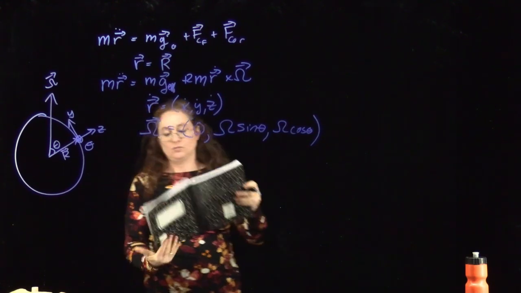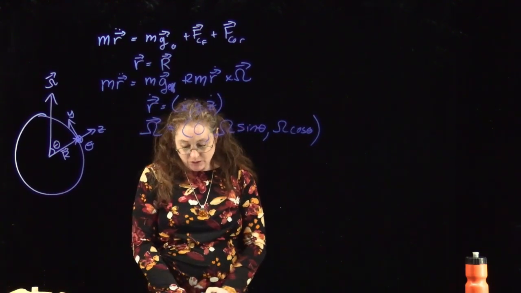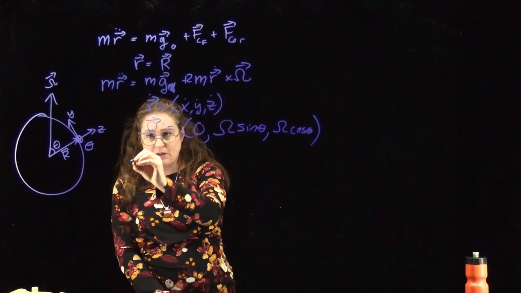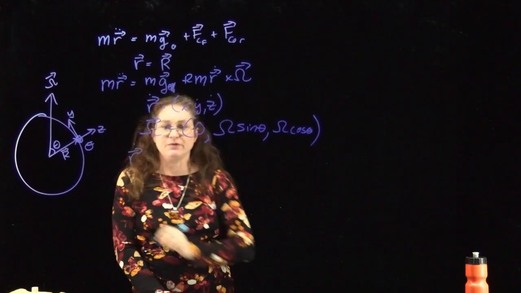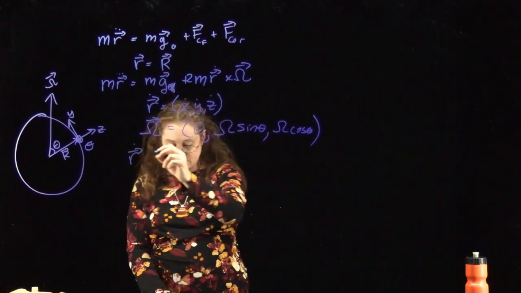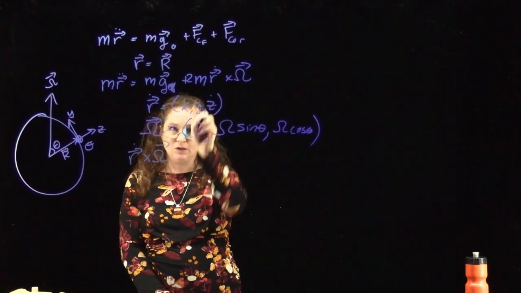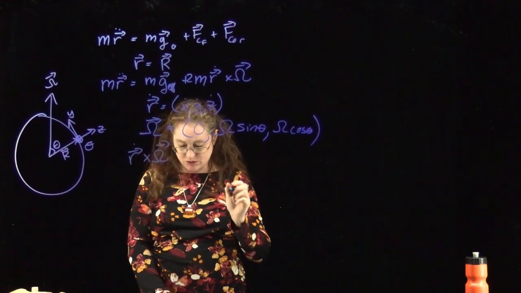Now, we can then look at our ugliest term. Often we start by trying to tackle the ugliest term, r dot cross omega. We're not going to worry about the factor of 2 just yet.